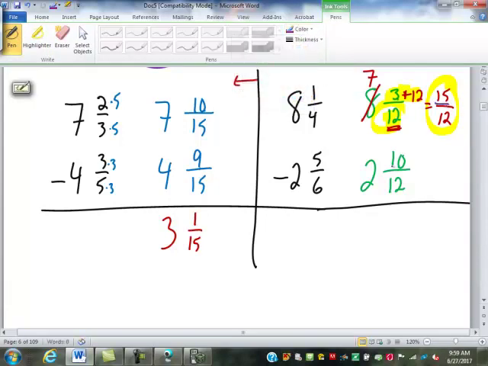So now it's 15 minus 10 is 5/12. 7 minus 2 is 5. So 5 and 5/12. Let's do another one.